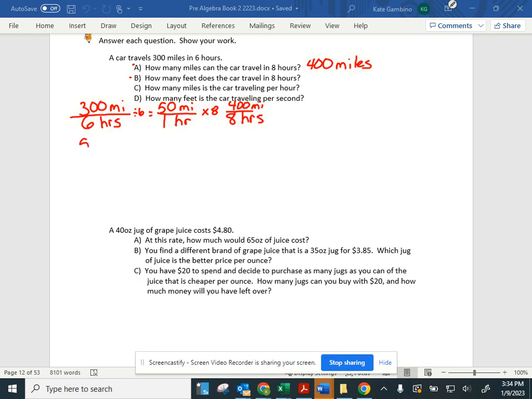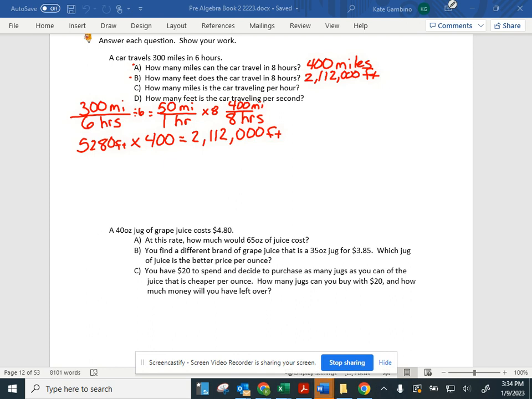So if there are 5,280 feet in 1 mile, and we're going 400 miles, that gets us an answer of 2,112,000 feet in 8 hours. So we need to be able to do that converting between miles and feet.